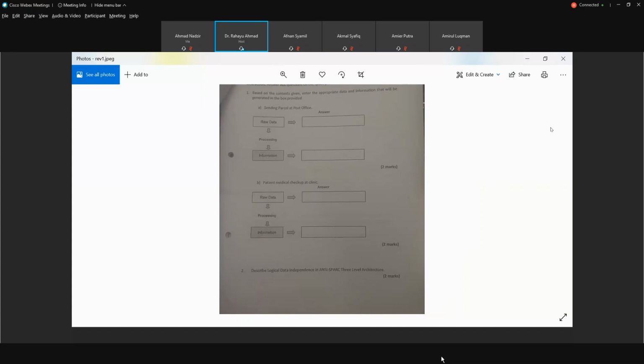Okay, so question B, scenario: patient medical checkup at clinic. What is the raw data, and if you process, what will be the information?